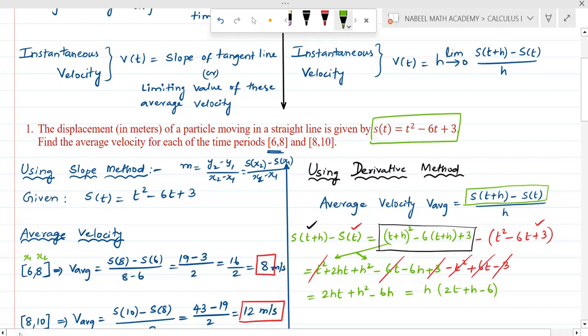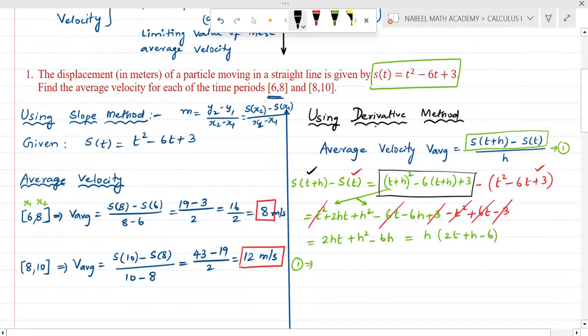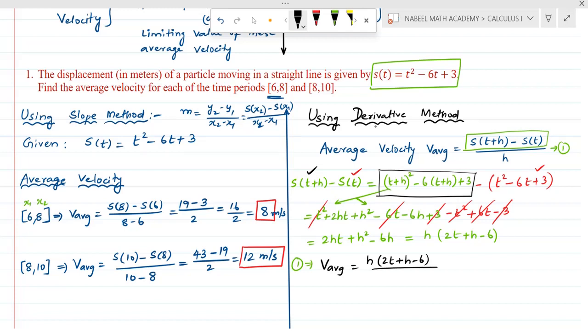Now I just substitute in equation number 1. So this is my equation number 1. If I substitute in 1, the average velocity is given by h times (2t plus h minus 6) over h.